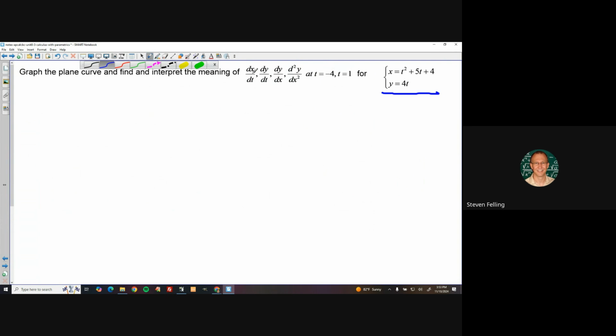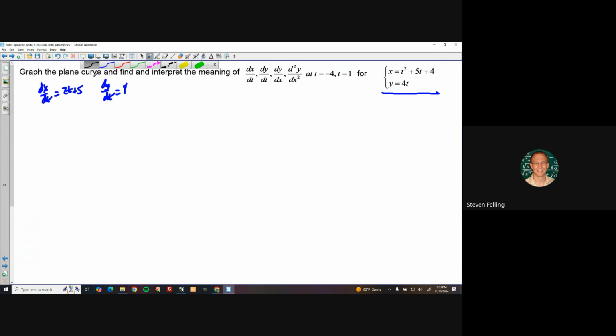First, what is dx/dt? We take this equation and take the derivative, so that would be 2t plus 5. What is dy/dt? It's the y equation's derivative, and that would be 4.